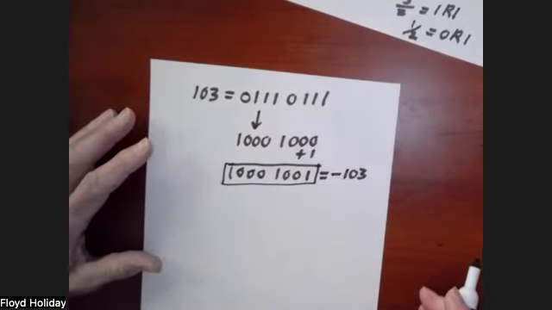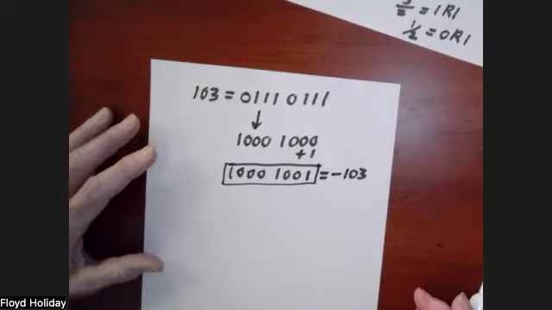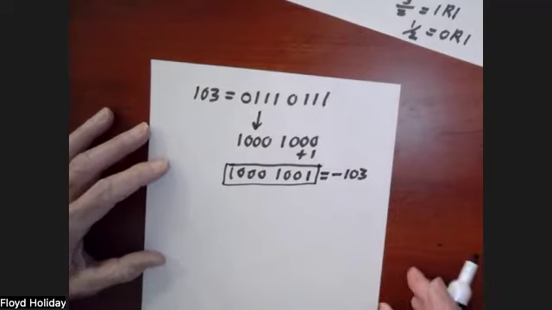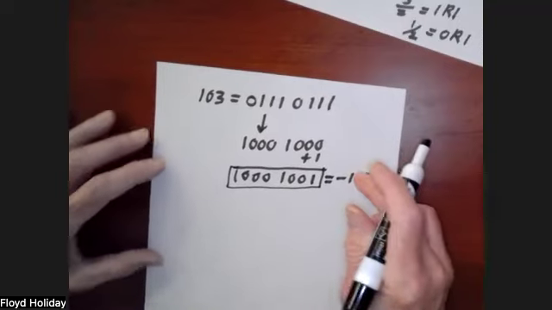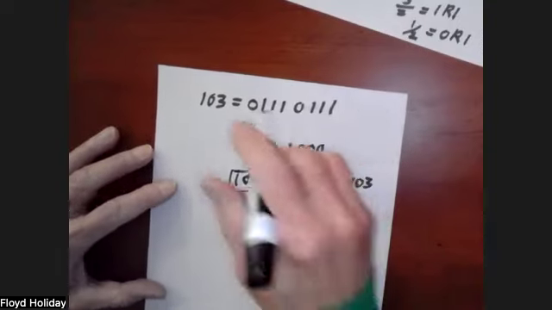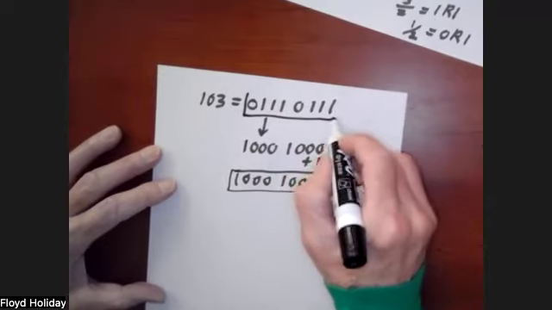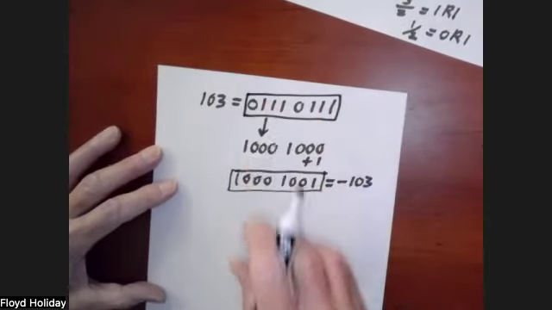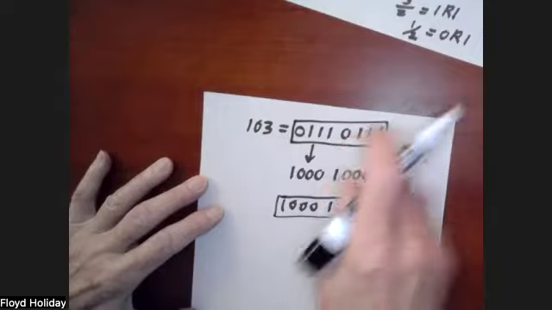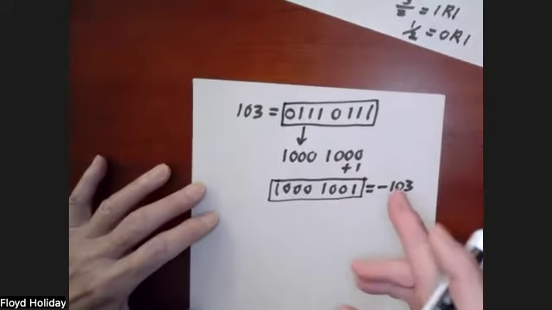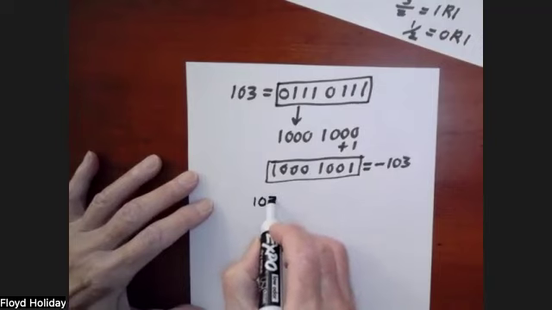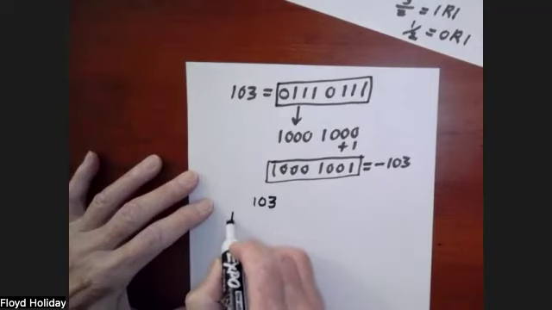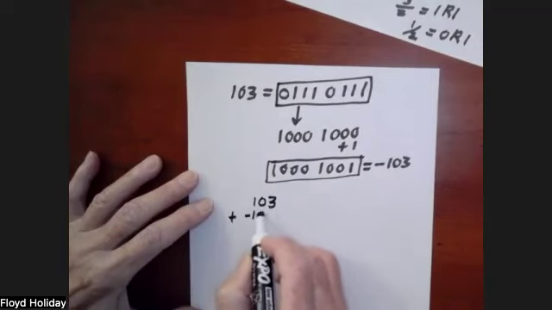Now, how can we know if that's really true? Here's the answer. This number up here had better be 103 because we did all the divisions by 2. So we have 103 plus negative 103.